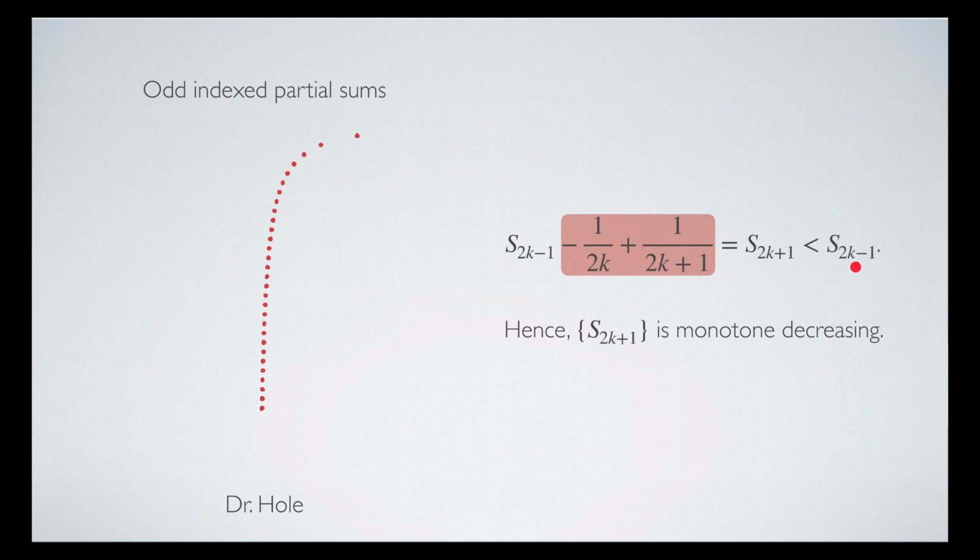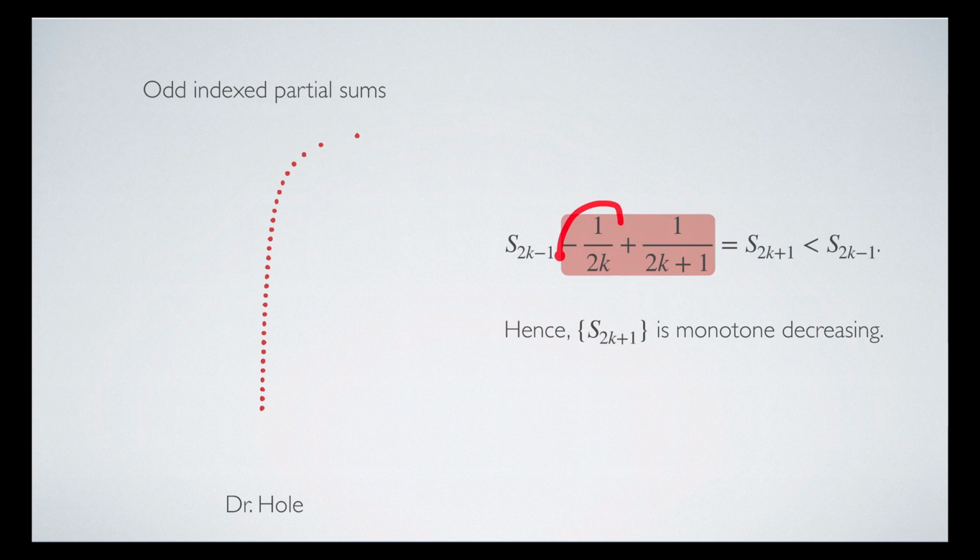So if we stopped at the 2k minus first term, we would need to add in the reciprocal of 2k and the reciprocal of 2k plus 1. And remember that it alternates, so when we add in, one will be added as a negative and one will be added as a positive. Again, by the previous slide, this guy is large in comparison with this guy.